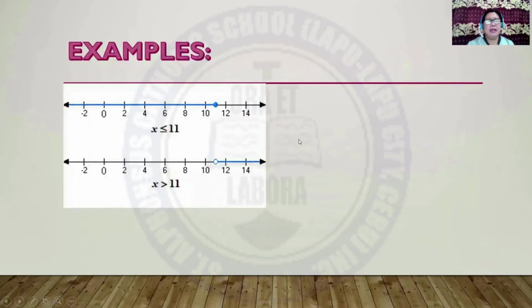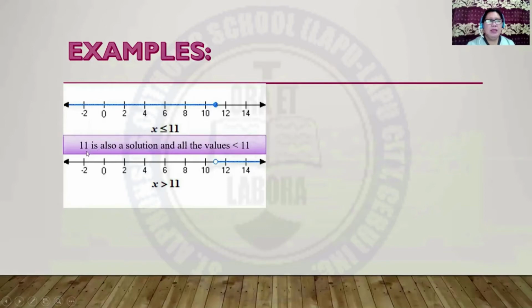Let us have examples. x is less than or equal to 11. So, we are using the solid dot, and you highlight from here, this is 11, going to negative infinity to represent x is less than or equal to 11.